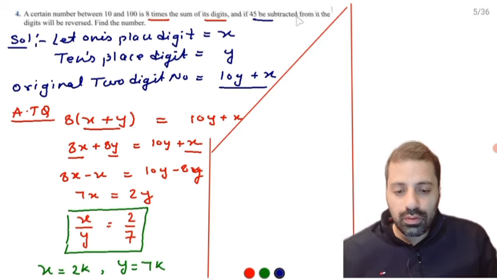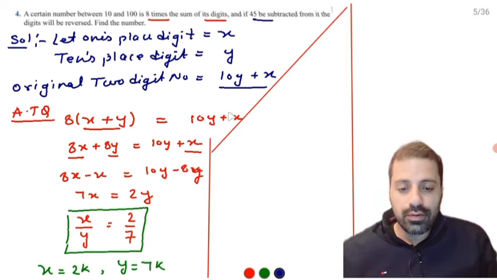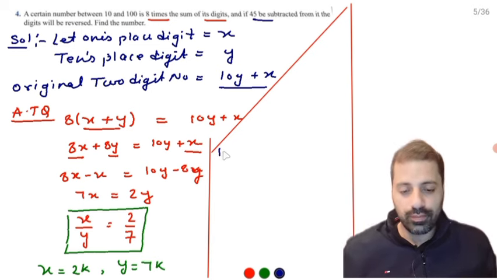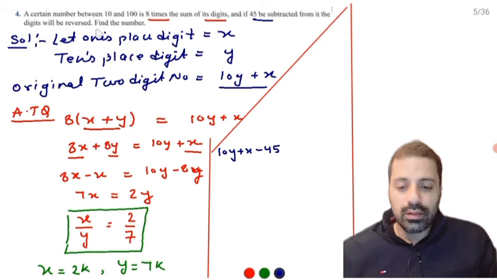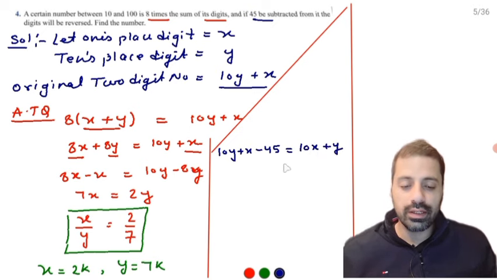Now if 45 is subtracted from it, that is, from the number 10y plus x, then the digits will be reversed, and the number becomes 10x plus y.